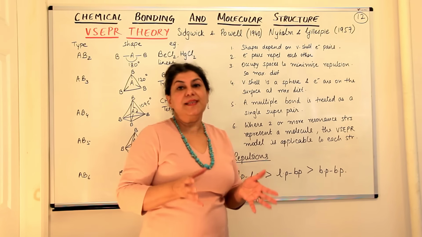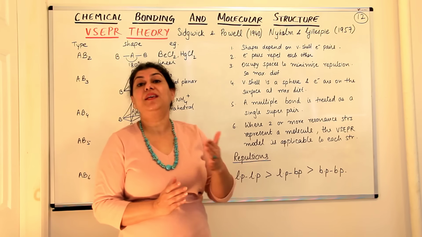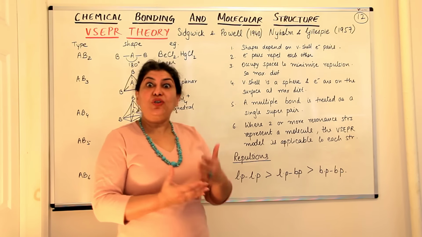So they said that the shapes depend on valence shell electron pairs. And what is it that leads them to have these shapes? It is the repulsion between these pairs. The driving force here is the repulsion between the electron pairs present in the valence shell. When there is repulsion, what would happen?